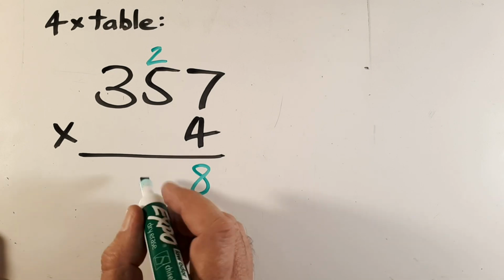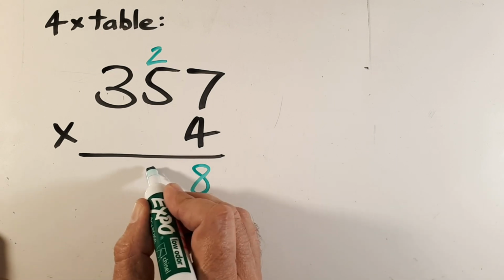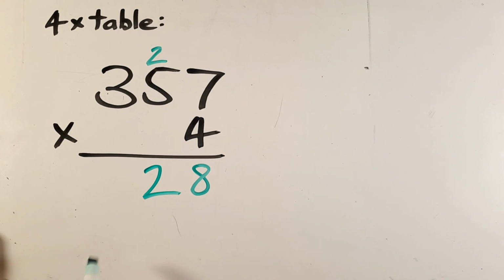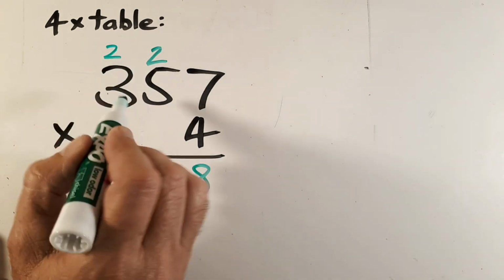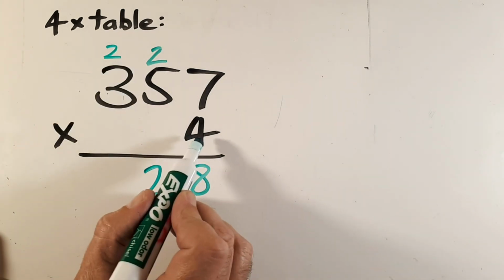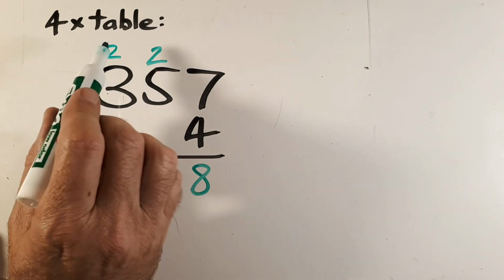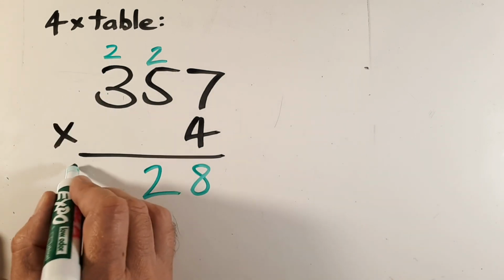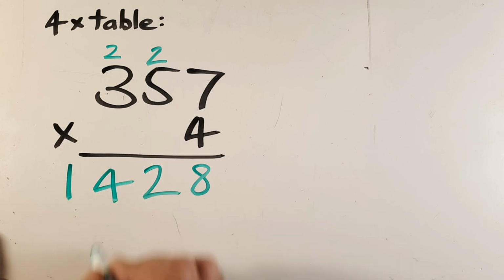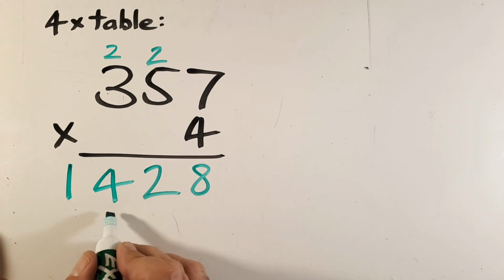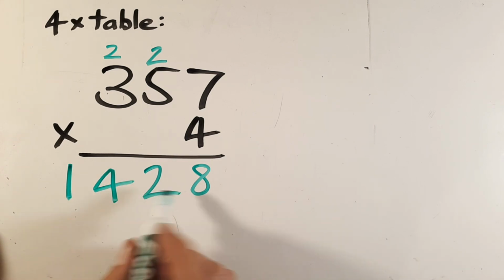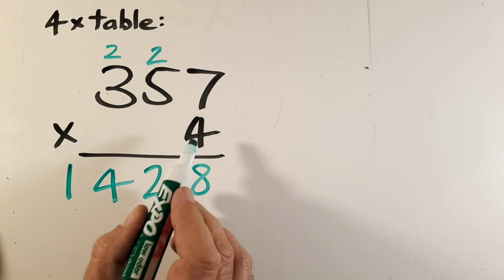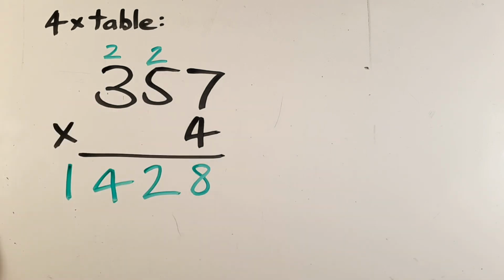So it becomes 22 tens in this case. Put the 2 tens there and the 20 tens up here with all the other hundreds. 4 times 3 is 12 plus 2. End up with 1,428. That's 14 hundreds, right? 4 times 3 plus 2 hundreds.